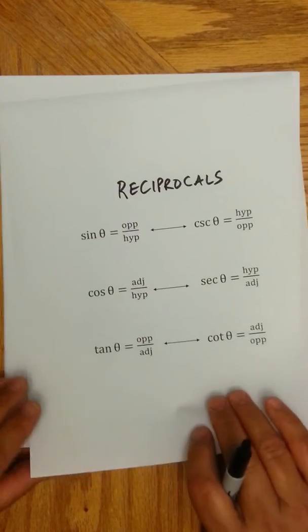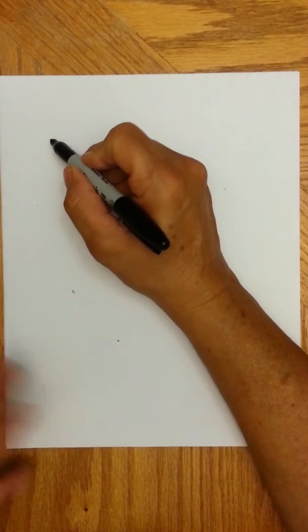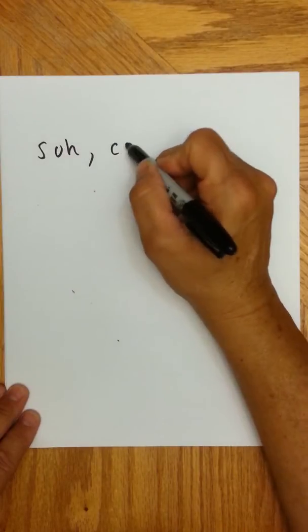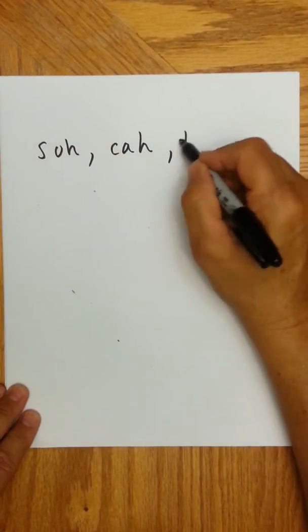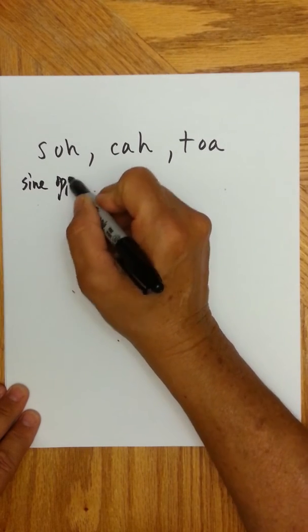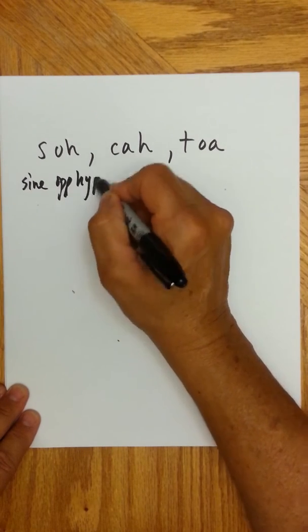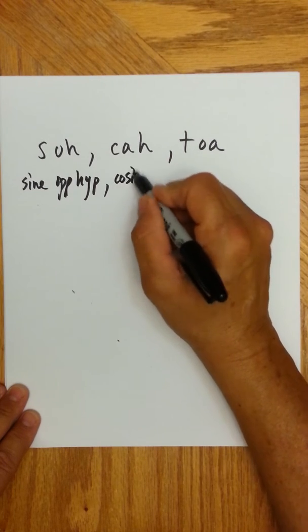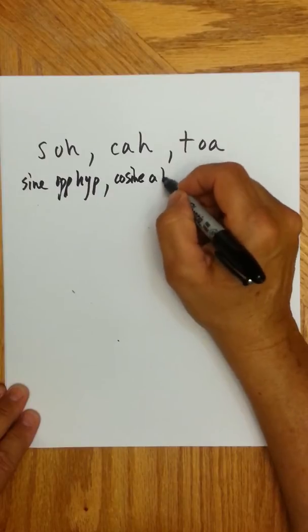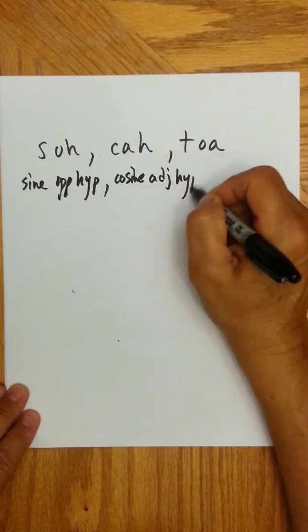And one of the ways of remembering this, it's sort of a famous, it's not the only mnemonic device, but SOH CAH TOA. So sine is opposite over hypotenuse. Cosine is adjacent over hypotenuse.